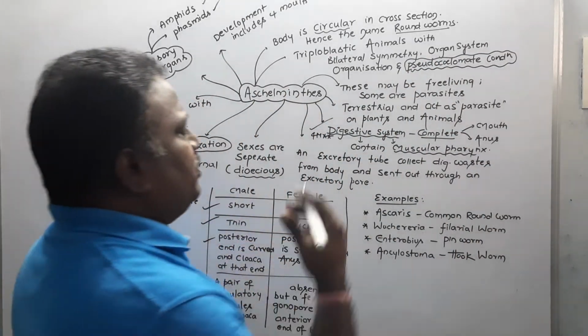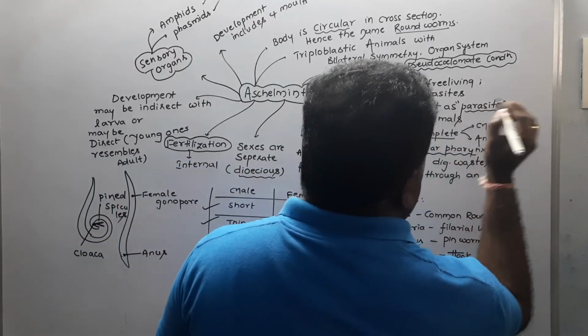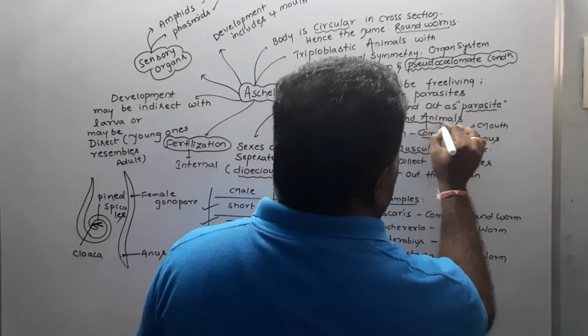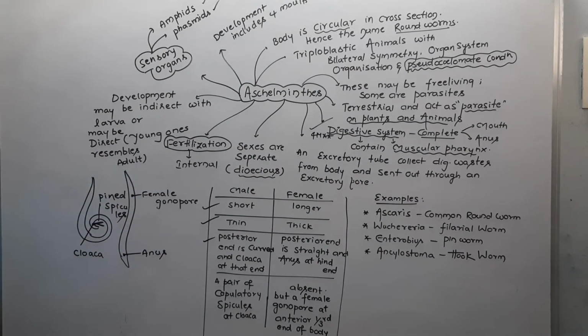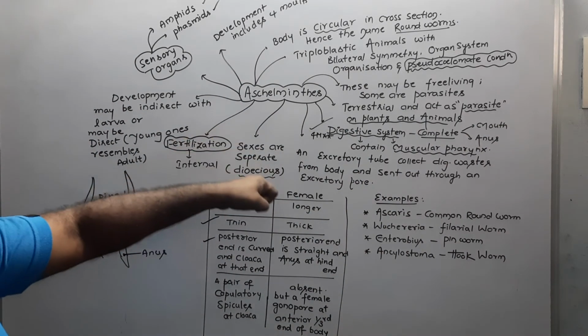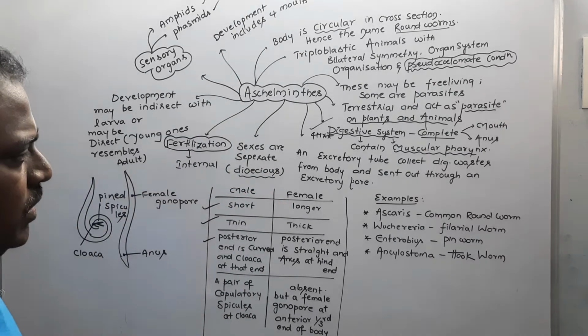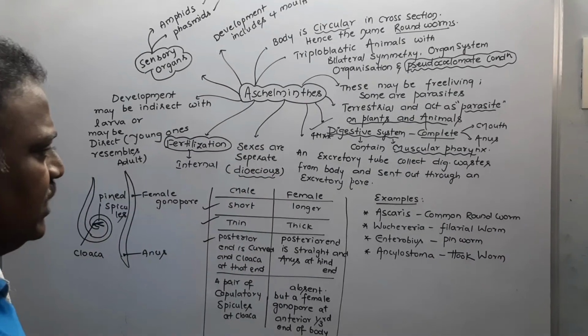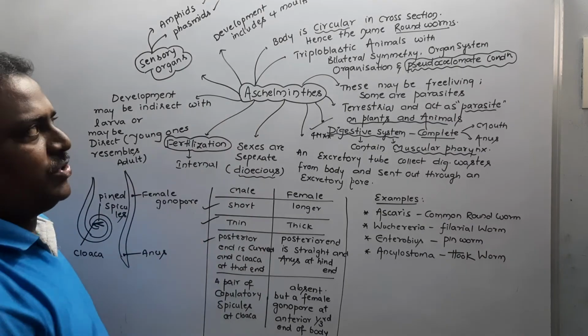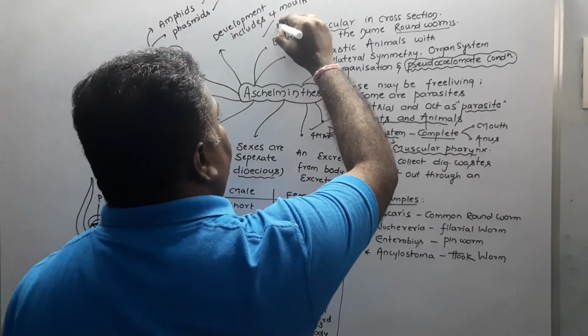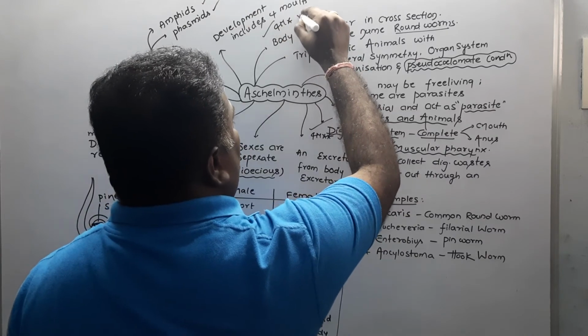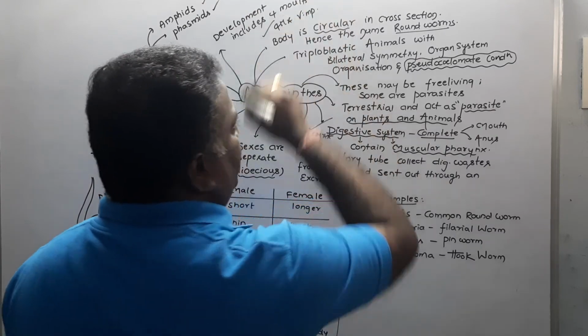The phylum which acts as a parasite on both plants and animals is also Aschelminthes. Males are clearly distinct from females; sexual dimorphism is seen in Aschelminthes. The body is circular in cross section, which is important for NEET.